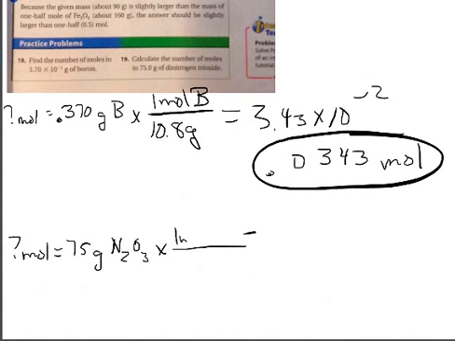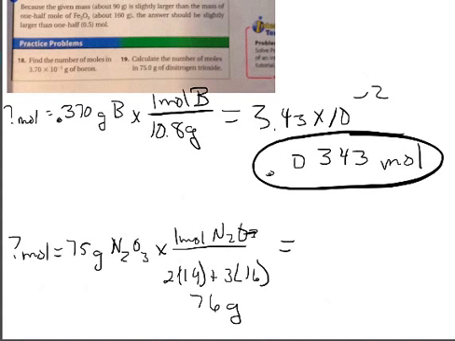We know 1 mole of N2O3 is going to be 2 times 14 plus 3 times 16, and that would be 76 grams. So 75 divided by 76, we're going to get 0.987 moles of N2O3.